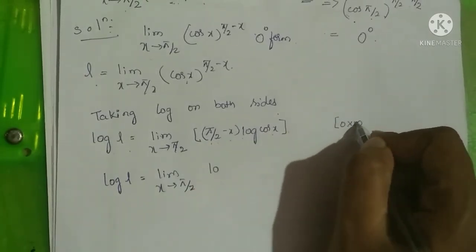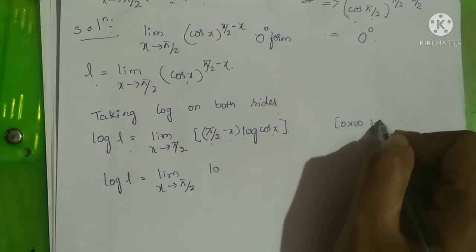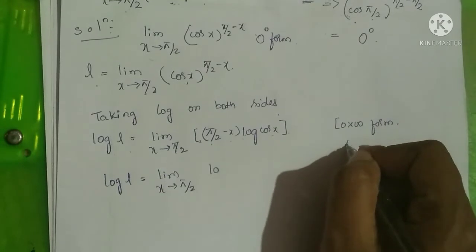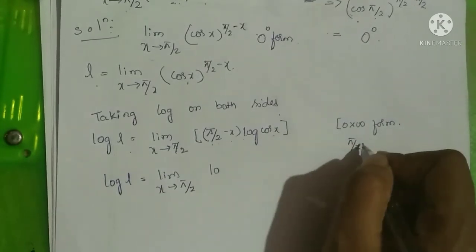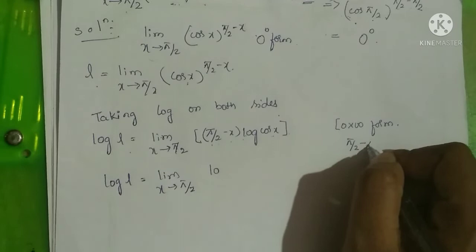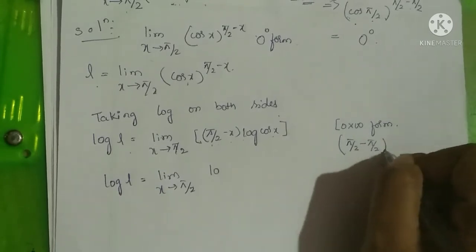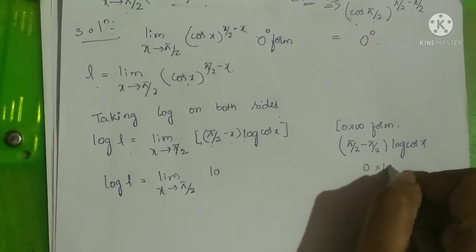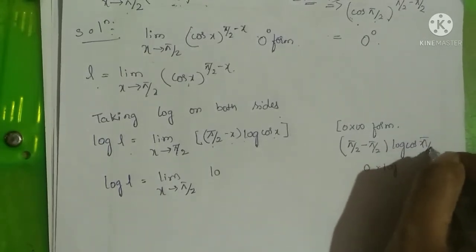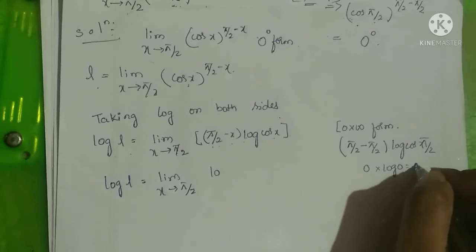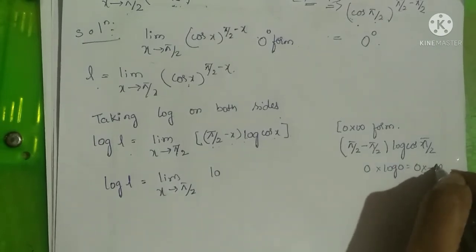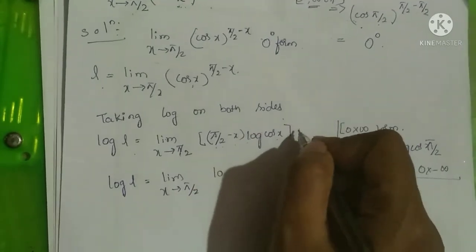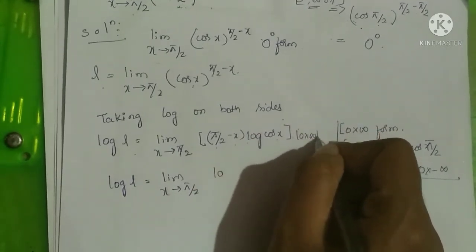How? Apply the limit: pi by 2 minus pi by 2 is 0, and log cos pi by 2, log 0, is minus infinity. So 0 into minus infinity is in the form of 0 into infinity.